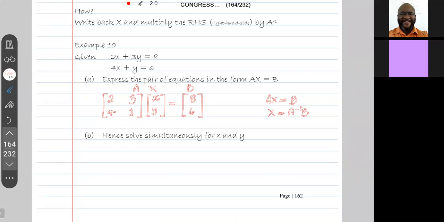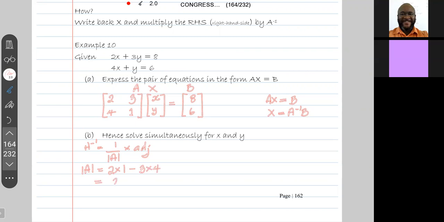So to solve this, the first thing I need to do is find A inverse. Now A inverse is equal to 1 over the determinant of A times adjoint A. Now the determinant of A is 2 times 1, the product of the leading diagonal elements, minus 4 times 3, or 3 times 4, which is the product of the lagging diagonal elements.